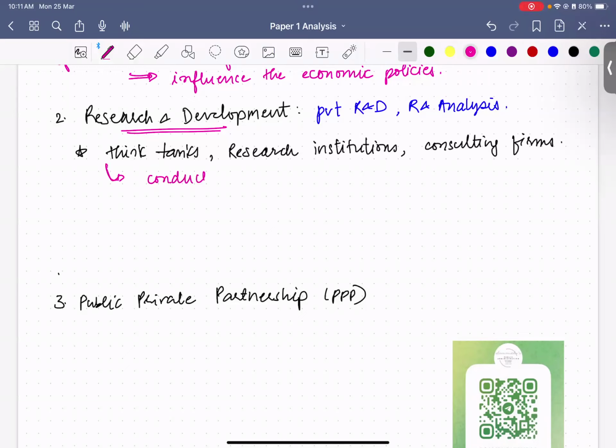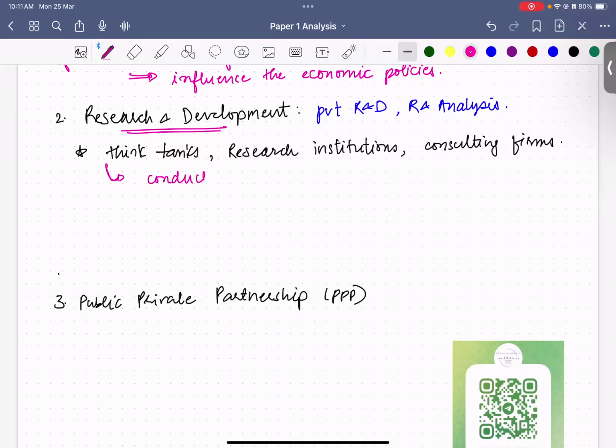Association for Democratic Reforms. This is very much in news these days. I would like for you guys to go through the news and tell me in the comments what it is associated with.